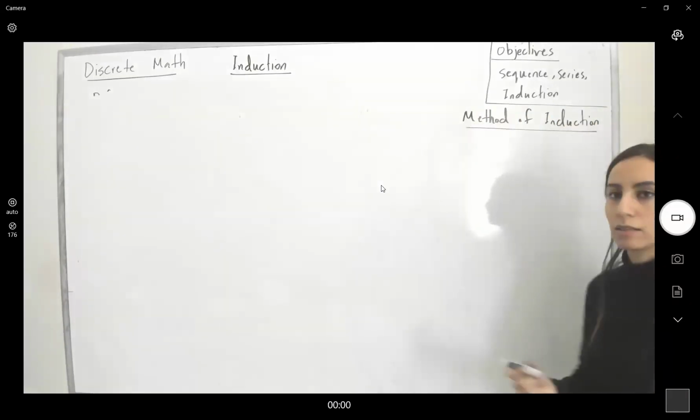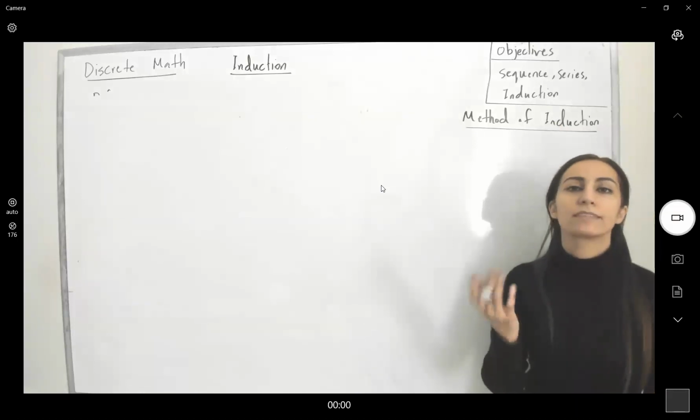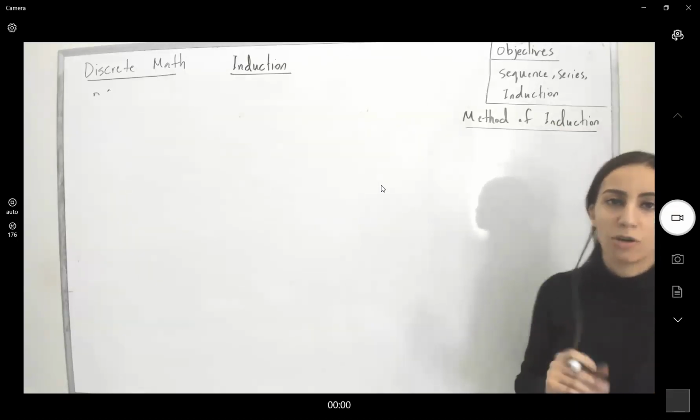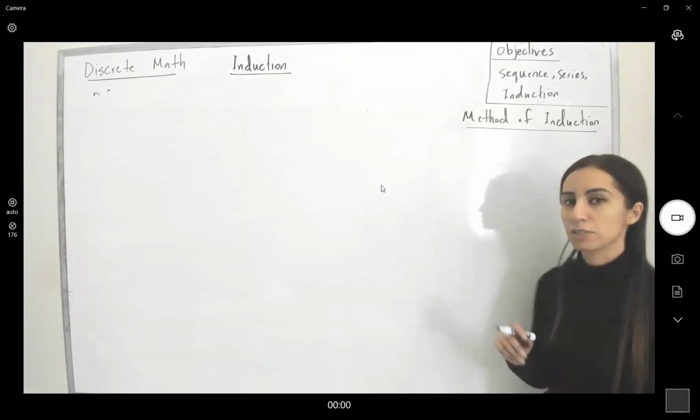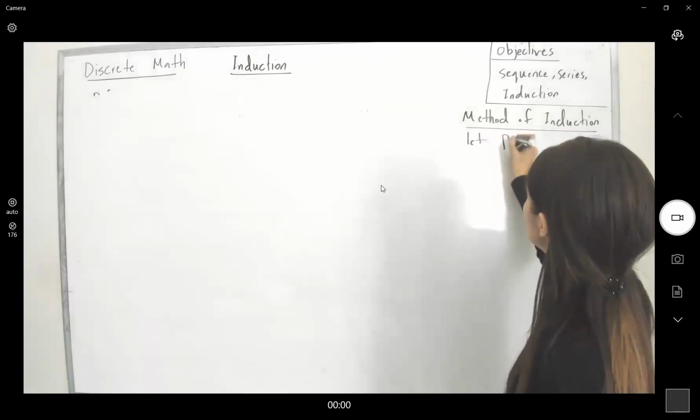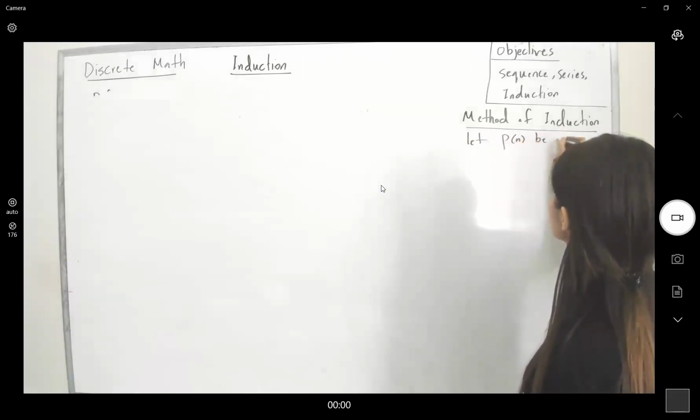In this method, you always have a statement involving n as a natural number, or sometimes you end up with some negative values and integers. So let Pn be a statement.